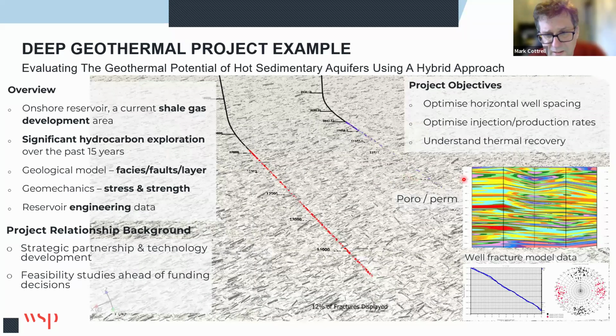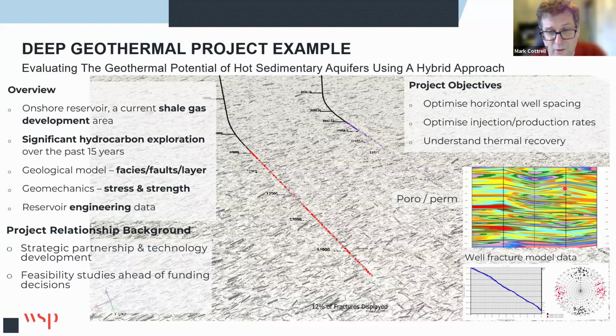In terms of data, we actually had lots of well data. The black lines on this rainbow colored image are some well locations, and this is just where we've tried to interpolate porosity and permeability between different well locations.